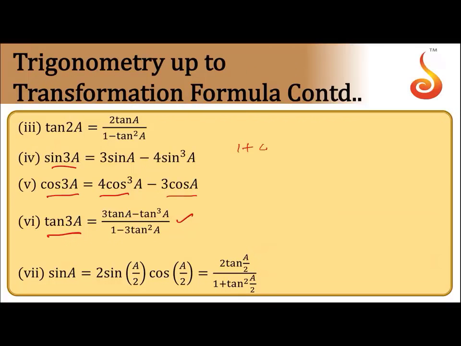I'll write here: 1 + cos 2A is equal to 2cos²A, and 1 − cos 2A is equal to 2 sin²A.